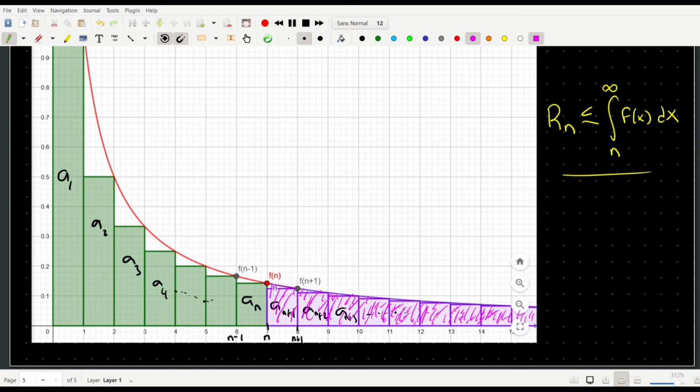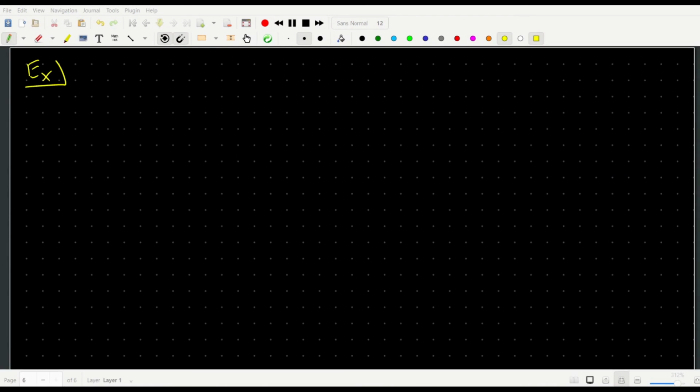So this pink area right here is a larger value than the sum of all these rectangles. So what I want to do is go over an example of this theorem, both applying the integral test and also going through and using this remainder estimation theorem.